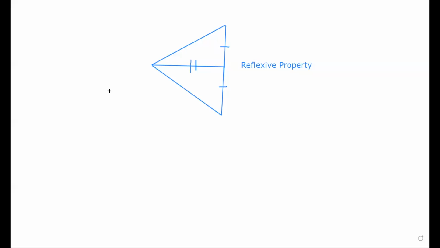And the simple part of it is just knowing that 1 and 2 there are congruent. Those are vertical angles.